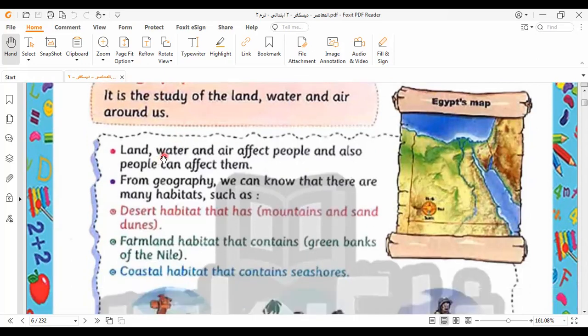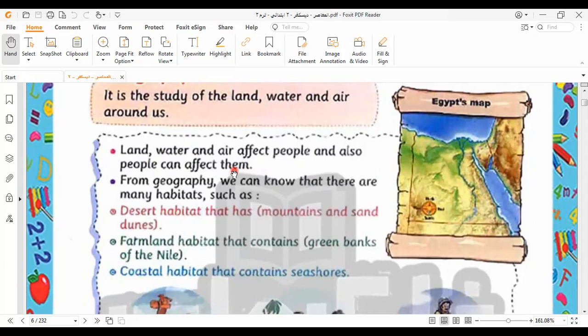Land, water, and air affect people, and also people can affect them. Means there is an effect between people and the environment.